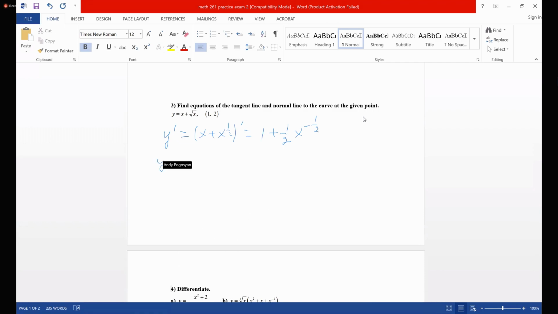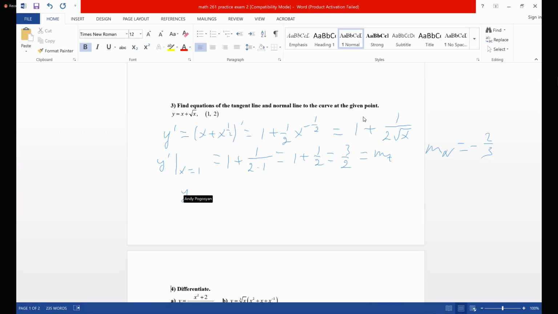Now y prime when x equals 1, so this is 1 plus 1 over 2 square root of x. So we have 1 plus 1 over 2 times 1. 1 plus 1 over 2 would be 3 over 2. So this is the slope of the tangent line. Slope of the normal line is the reciprocal with the opposite sign. And then use those to find the equations.